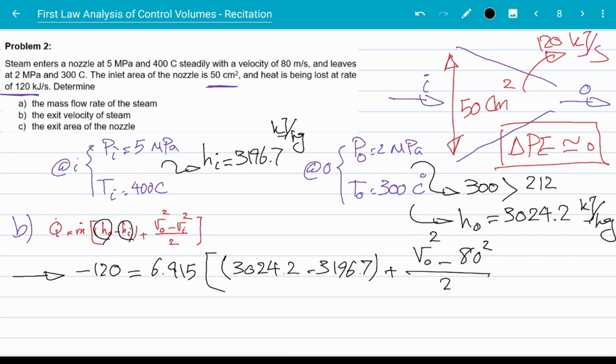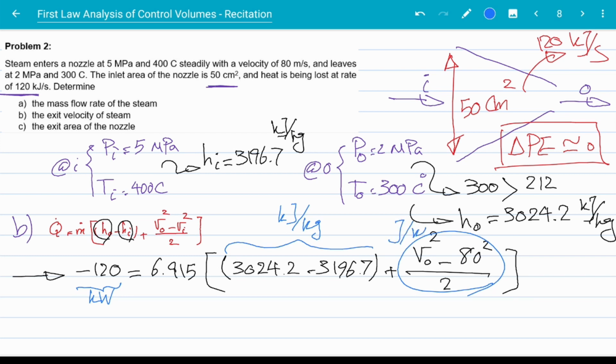Now, you need to pay attention here. This is in kilojoules per second or kilowatts. This is in kilojoules per kilogram, but this term is in joules per kilogram, right? So as you can see, there is a unit inconsistency between these two terms that we are adding. So we need to address that.